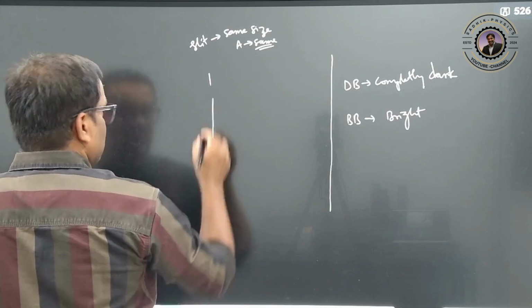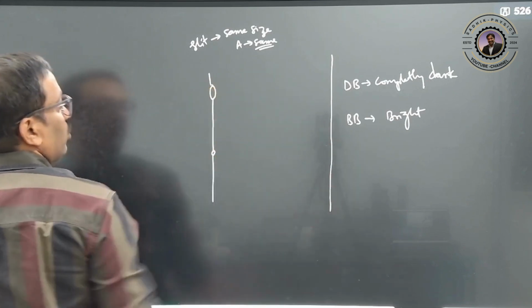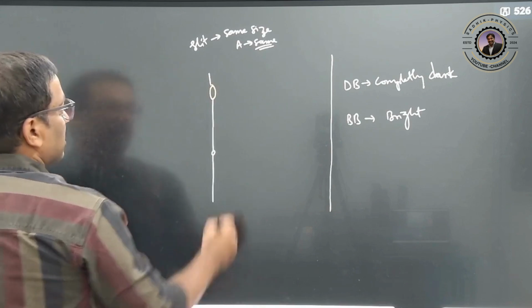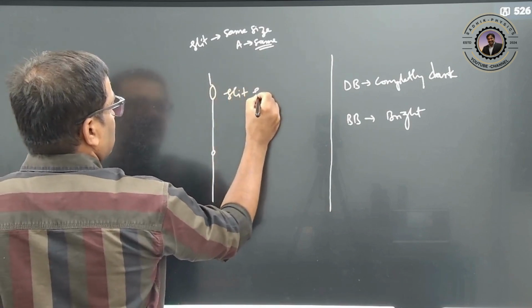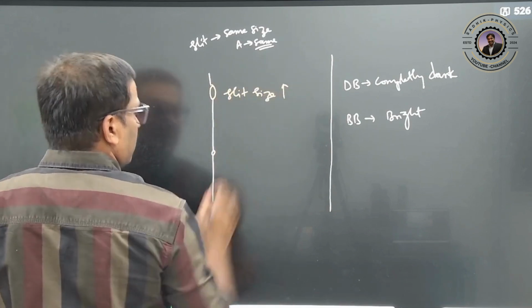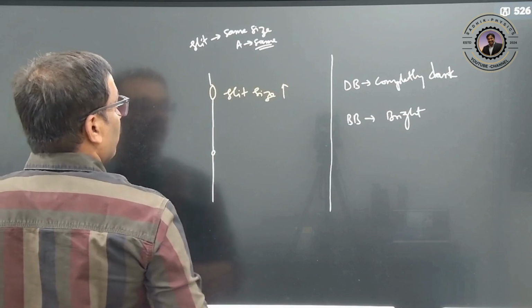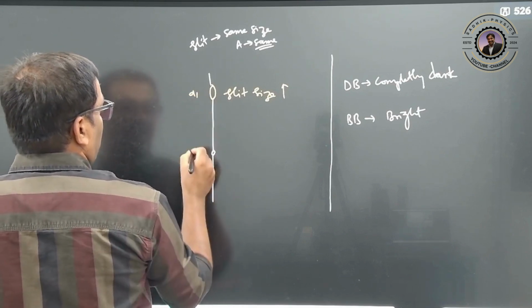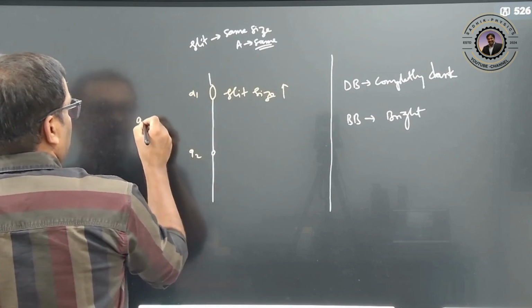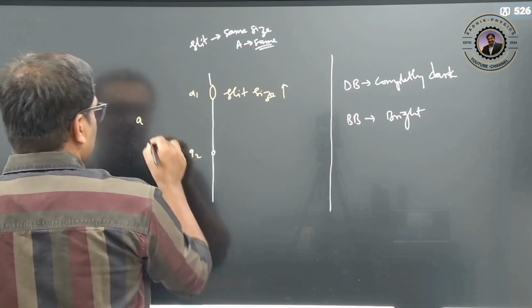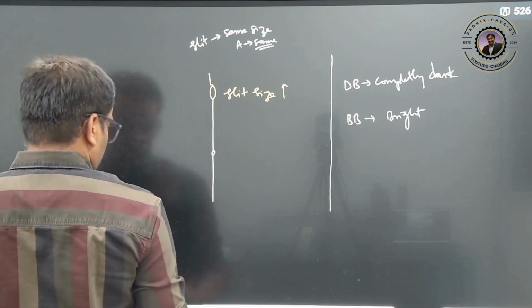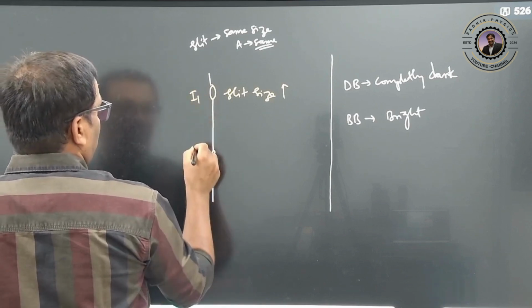If one slit size is increased, what happens now? This is A1 and A2. A1 relates to intensity, so here I1 and I2.